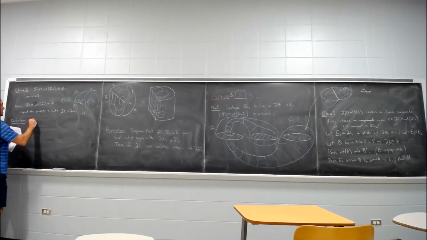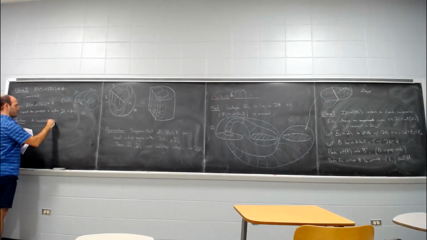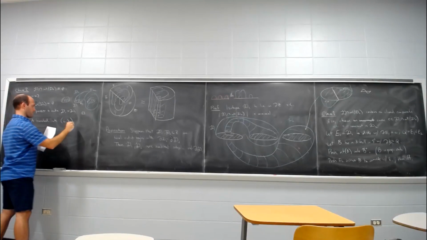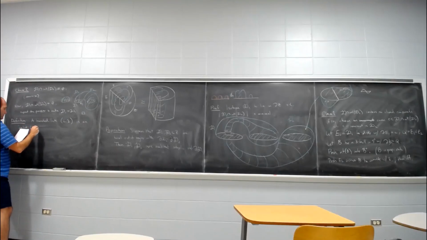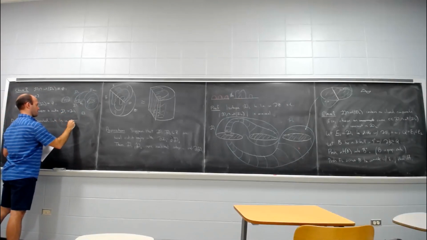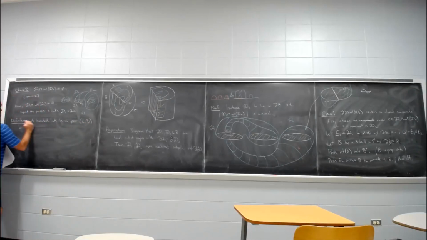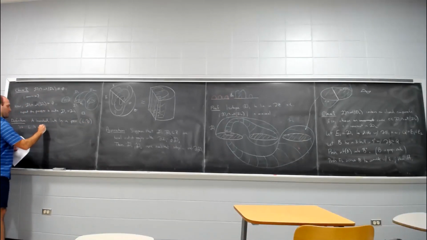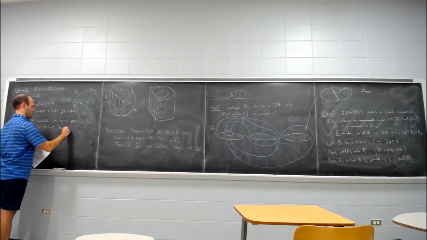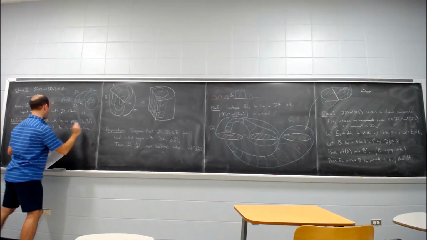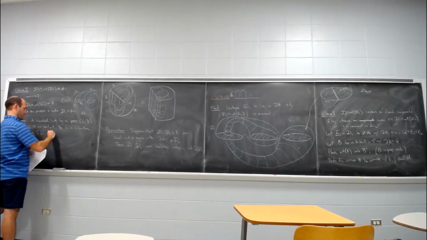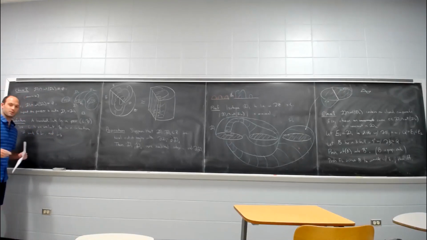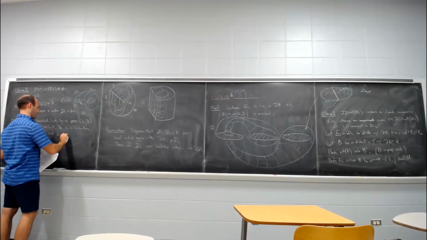Okay. So a banded link LB is a pair LB such that L is an unlink, B is a collection of bands for L, and the third hypothesis is that when we resolve L along the bands, we get another unlink.